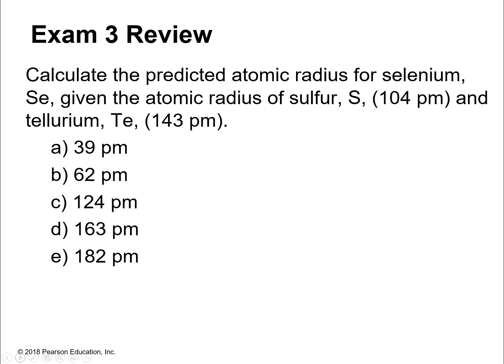Okay. So this one, calculate the predicted atomic radius for selenium given the atomic radius of sulfur and tellurium. This is a problem that goes kind of back to chapter 5, where you can predict physical properties. So I wanted to remind you guys of these types of problems.